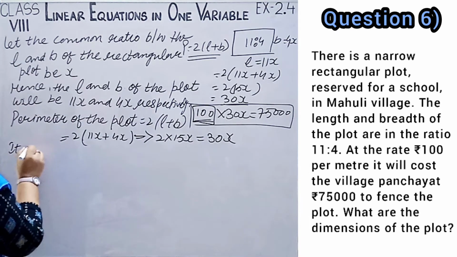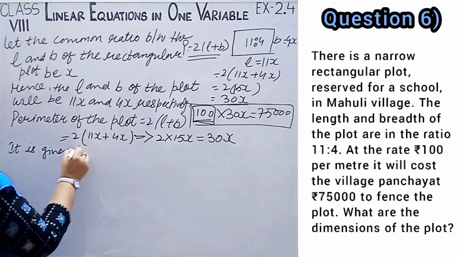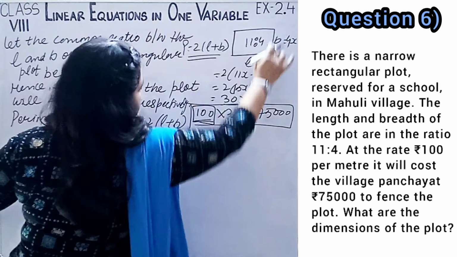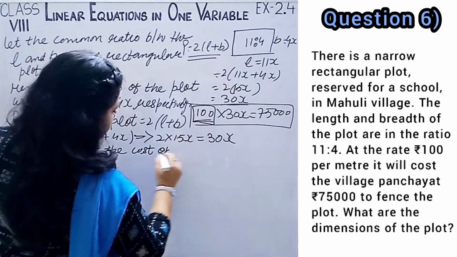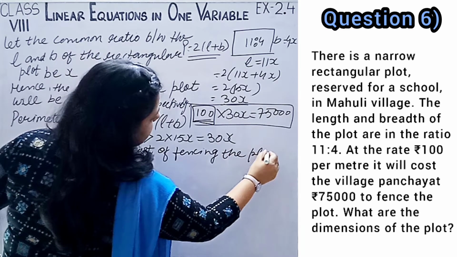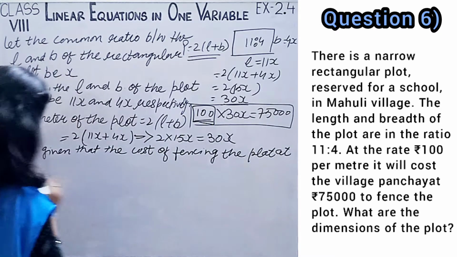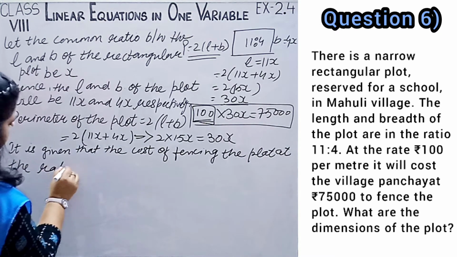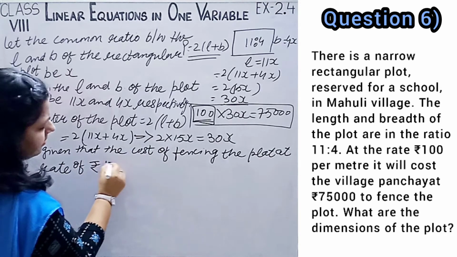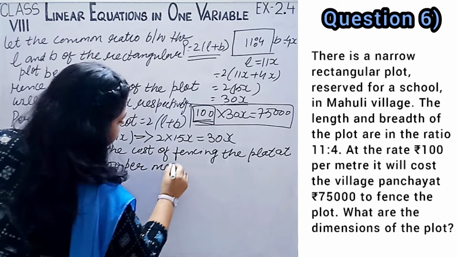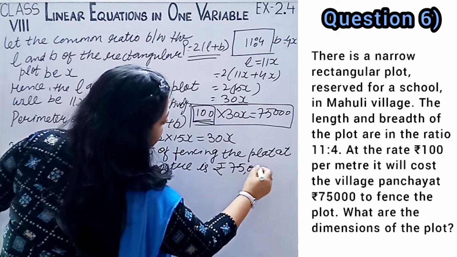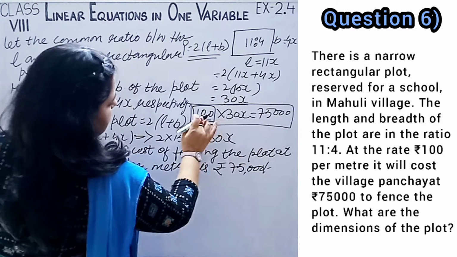So it is given that the cost of fencing the plot at the rate of 100 rupees per meter is 75,000 rupees. So this is our equation.